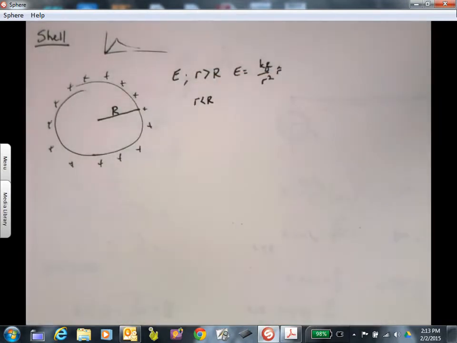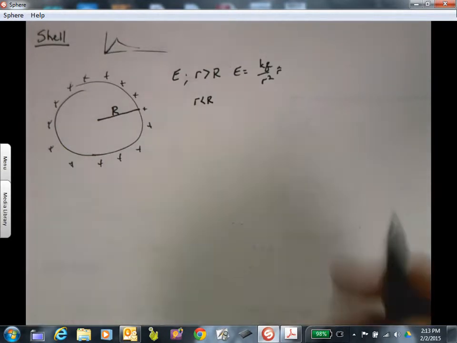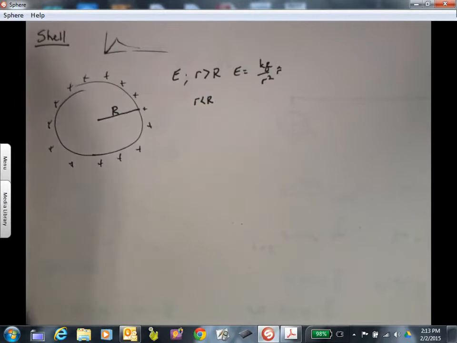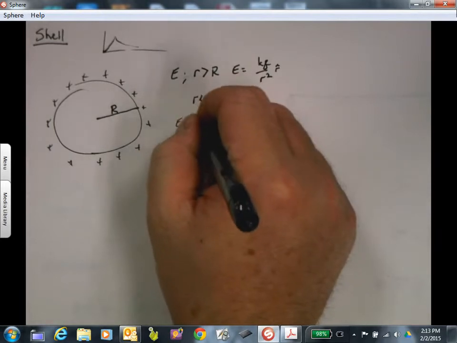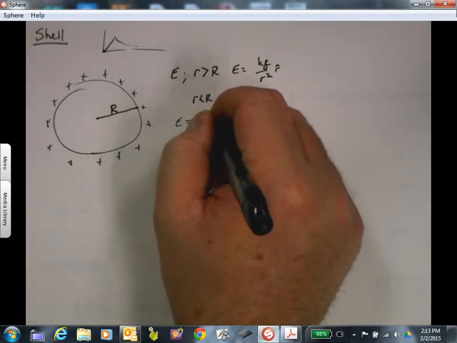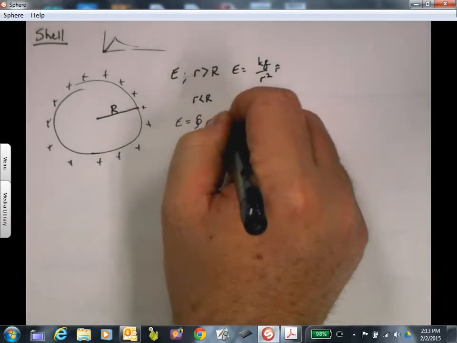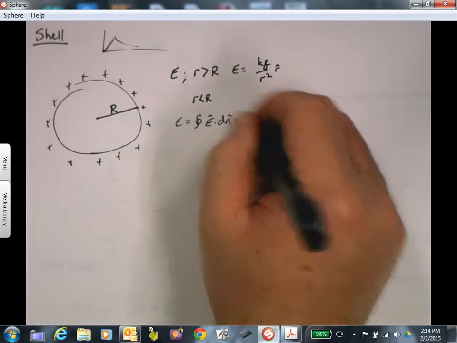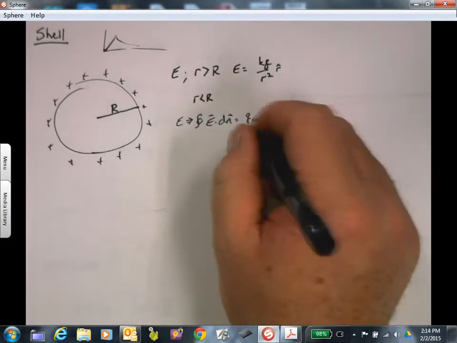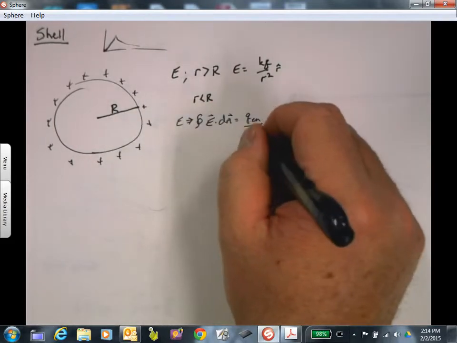Now if we have something that is on the inside, this is interesting. If we want to examine the inside, then we must write the integral of E dot dA equals Q enclosed over epsilon naught.